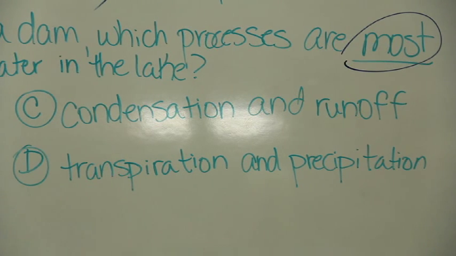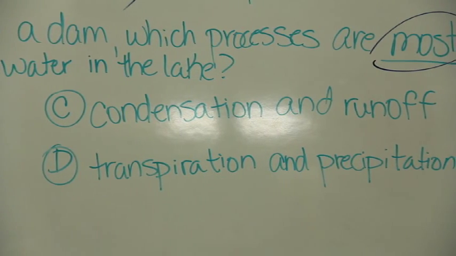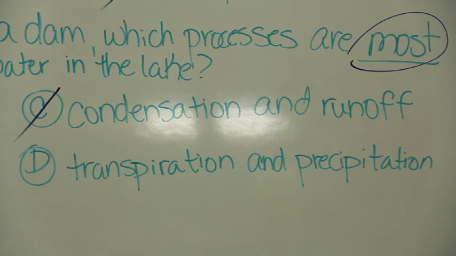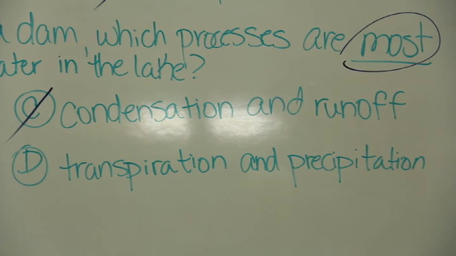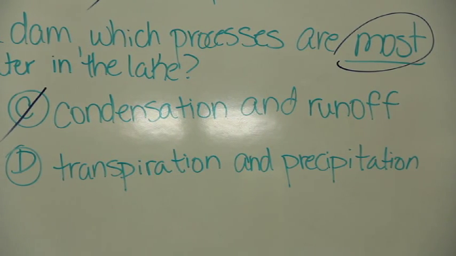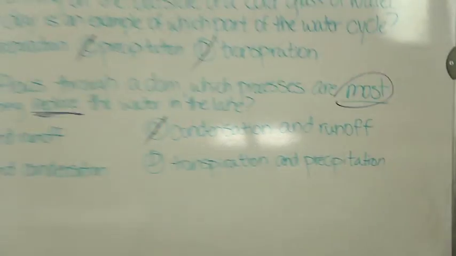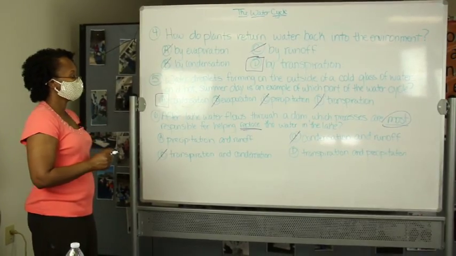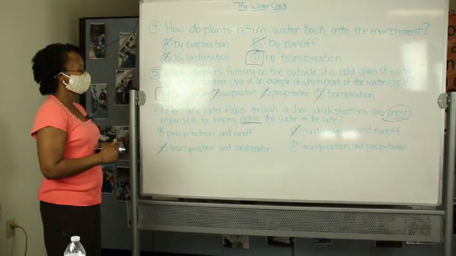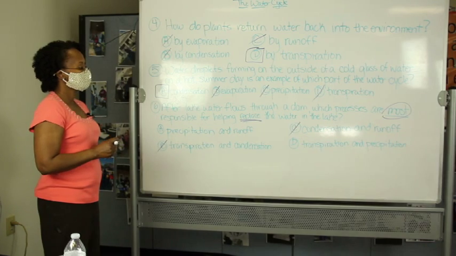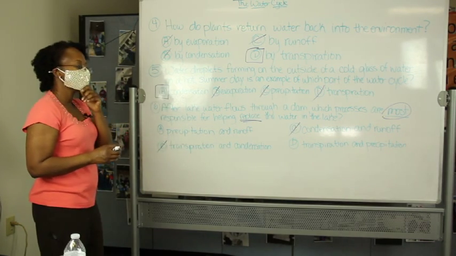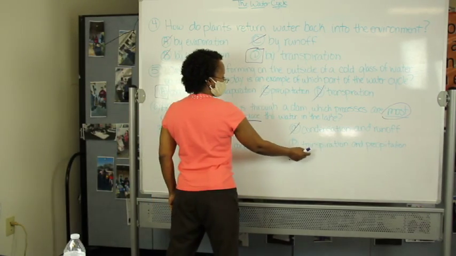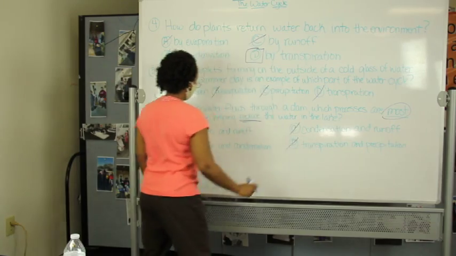Those two really don't go together because you have to have the precipitation part, okay? And transpiration and precipitation. So transpiration is what comes from the plant to the environment, which is not what we're trying to get to. We're not replacing the water. Precipitation does help replace the water, but together they don't make sense. One falls to the earth, but this one here goes up into the environment, so we wouldn't do that one.